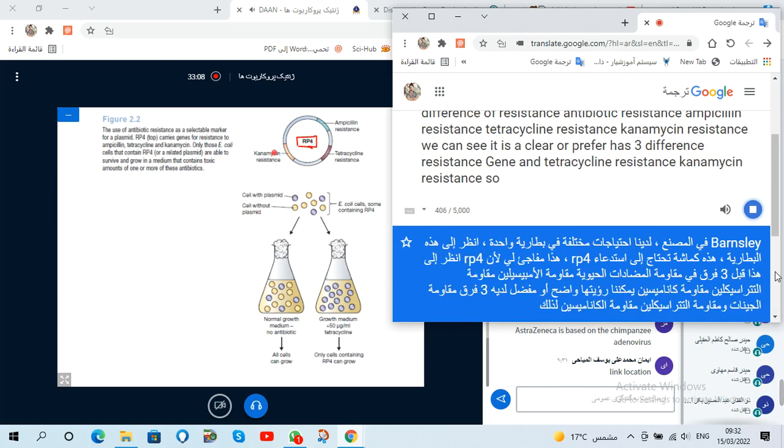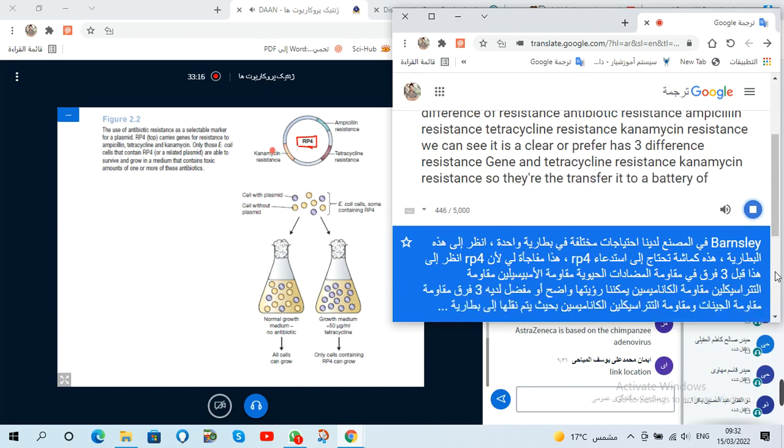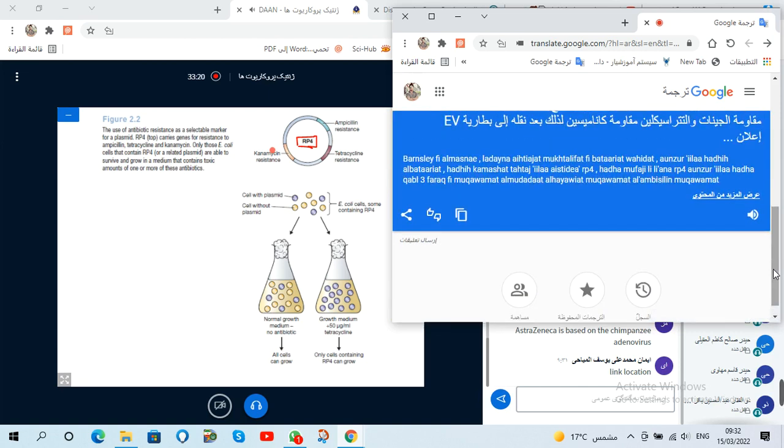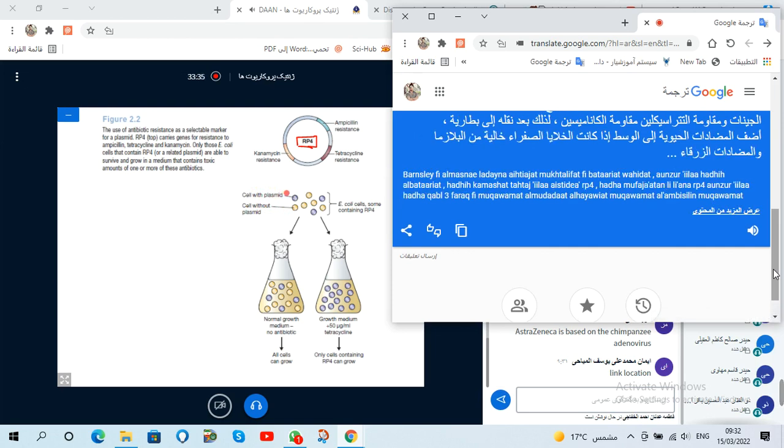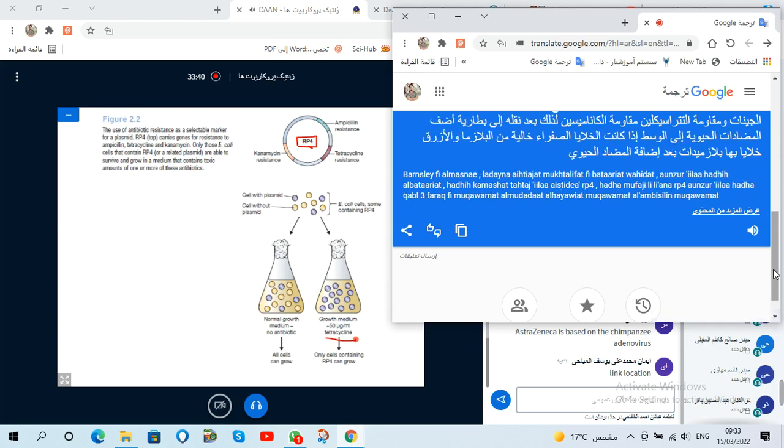So, after we transfer it to a bacteria, if we add the antibiotics to the medium, look, if the yellow ones are cells without plasmid and the blue ones are cells with plasmid, after we add the antibiotic, which one can live?